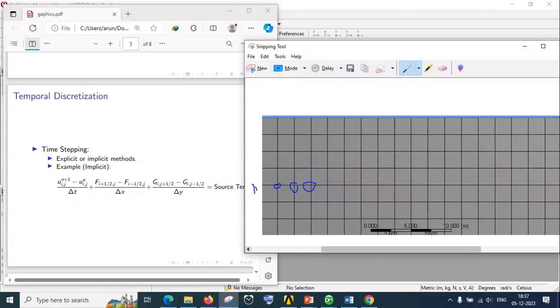Vertically these are the times n plus 1, n and n minus 1, and n plus 2, and these are x plus 1, y plus 1, j plus 1, representing the discretized governing equation for accurate calculation. Basic mathematics like the Fourier series is used in our discretization equation.